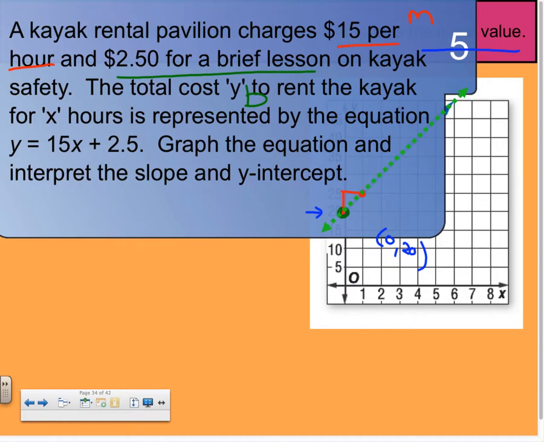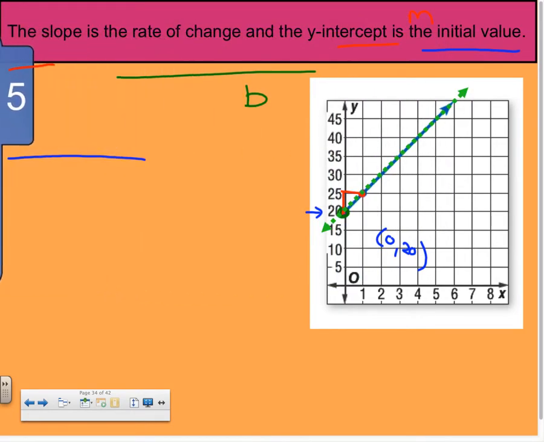If we were able to put that into an equation, we would come up with y equals 15x plus 2.5. And then we need to graph the equation. Let's go ahead and use the coordinate grid that's already here. We have y equals 15x plus 2.5.